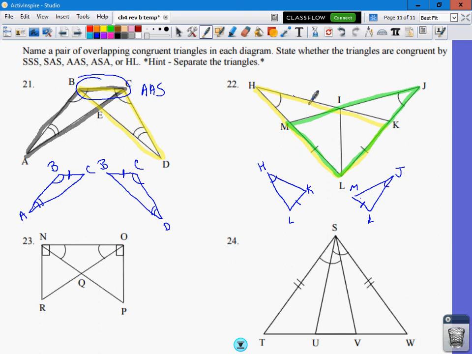I don't notice any side completely overlapping, but this time I do know that angle L is in both of these triangles. And so I'm going to put it in my picture where they're separated out. And now I can see I have an angle, and I have a side.